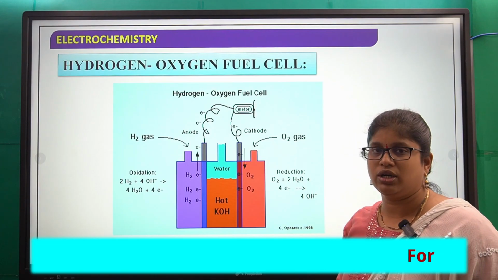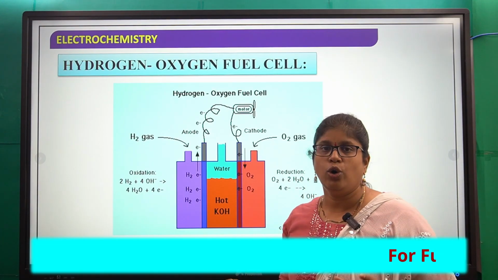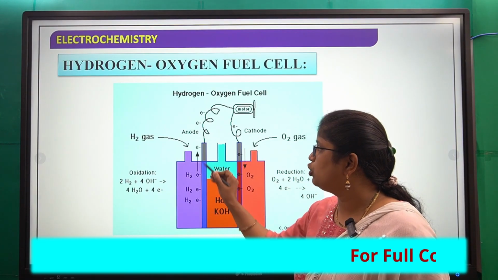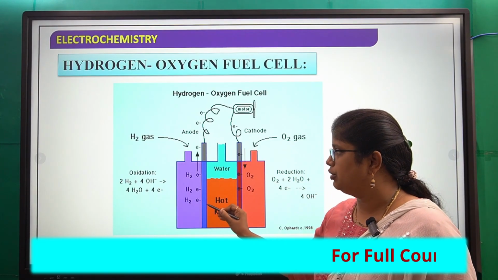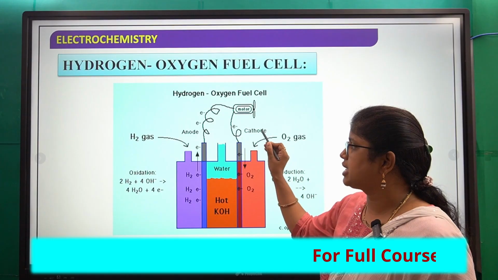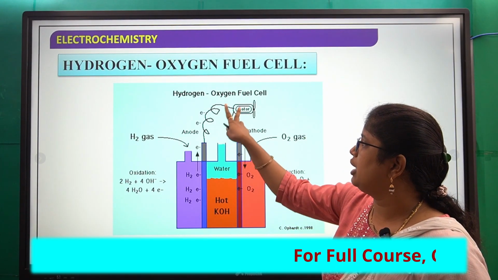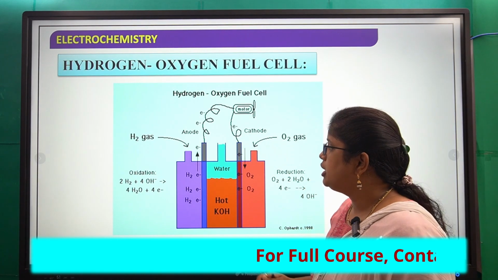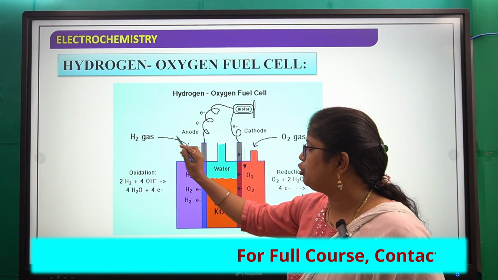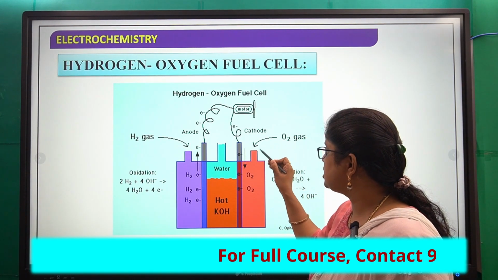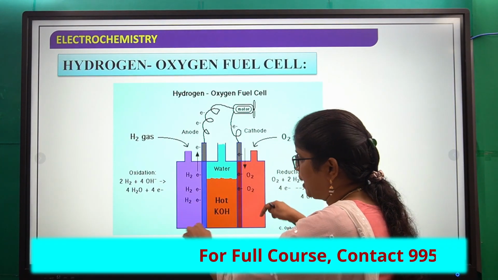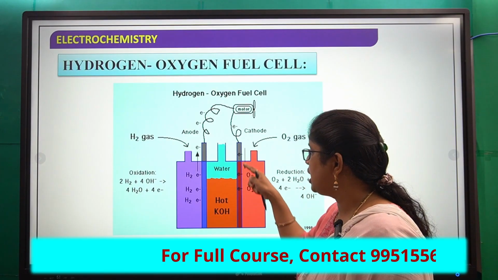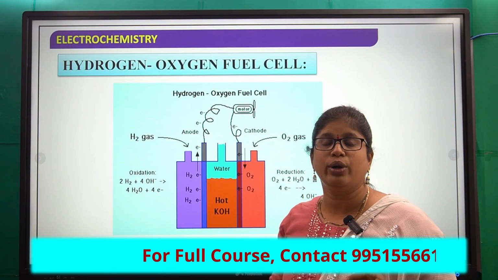When we mix water with this, first it gives OH minus ions. So OH minus ions will go to the anode. Here this is the anode, and this one acts as the cathode, and these two, cathode and anode, connect to the external motor. Now when we pass hydrogen gas and oxygen gas into the outer compartments, they slowly diffuse through the porous electrodes.